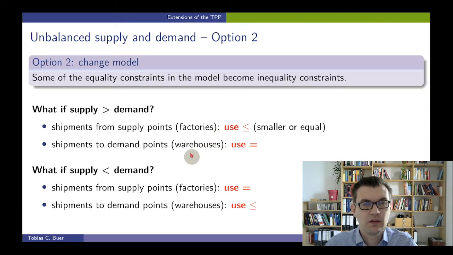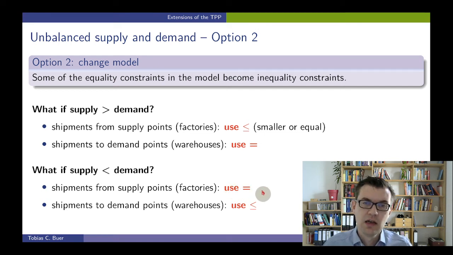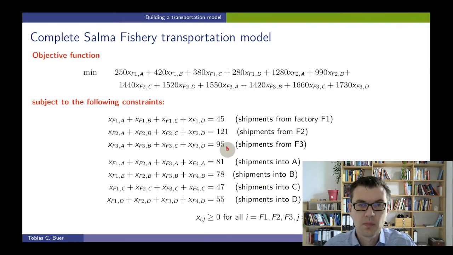Now, if the opposite situation happens, the supply at the factories in total is smaller than the total demand at the warehouses, then the factories, the supply points, become the limiting factor, and we keep our equal sign as it is. Back to the model.